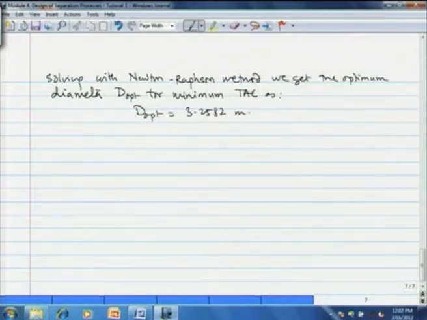Okay. Now I have taken 4 decimals for accuracy. You can even terminate at 2. So 3.26 meters, or 3.3 meters, and so forth.